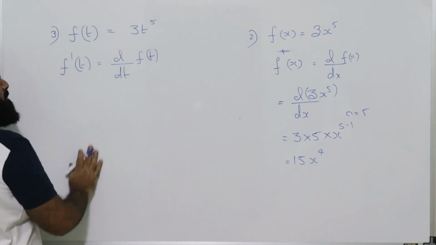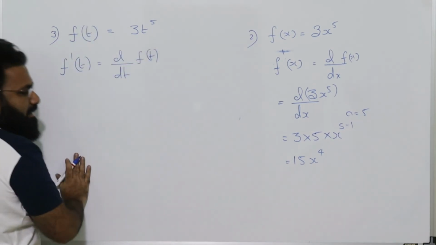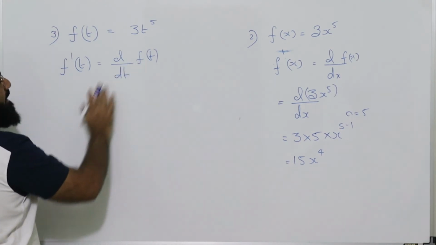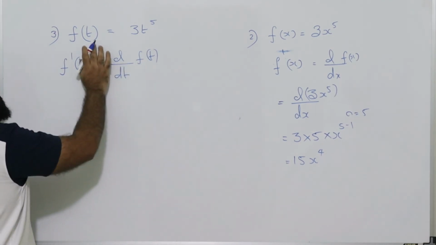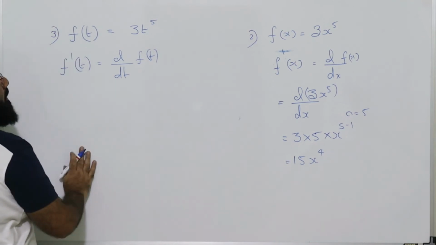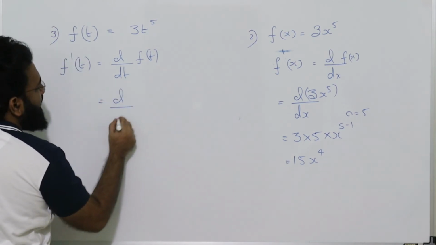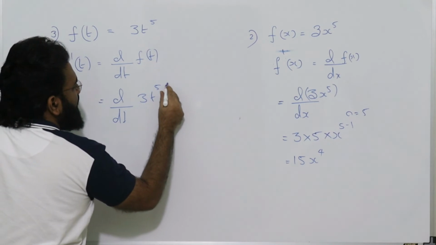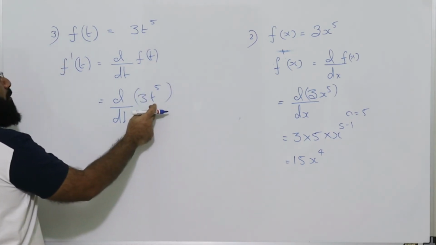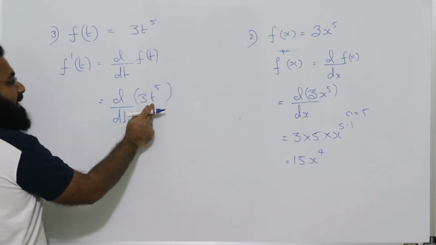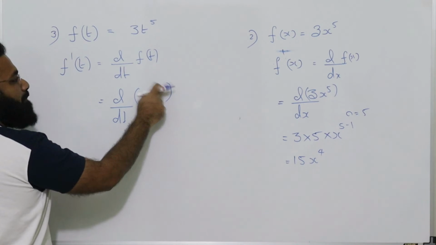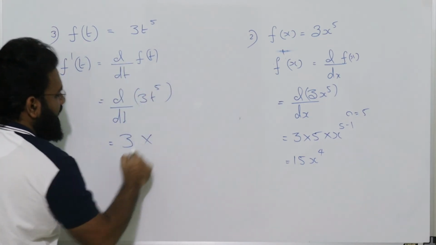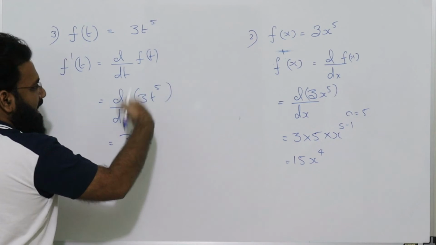T could be anything. Generally we consider t as time when we study velocity, acceleration and all. So instead of t, anything can come here. So what we write here is d by dt of 3t raised to 5. Now instead of x, here t comes, so we consider the power of 5. 3 we put here just like that, 3 into, take this n this side.